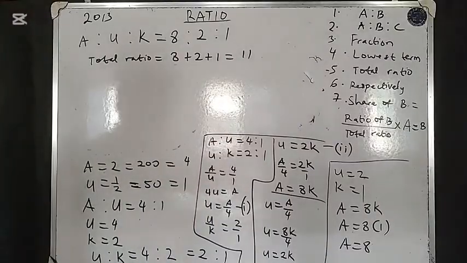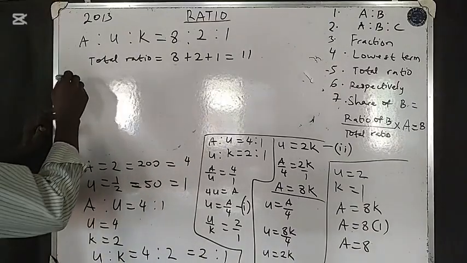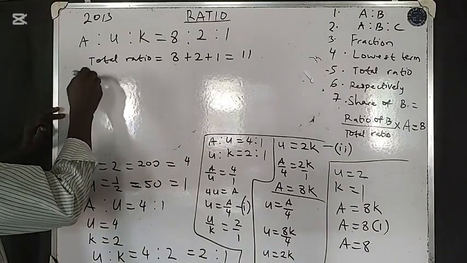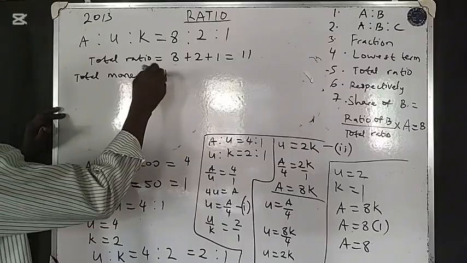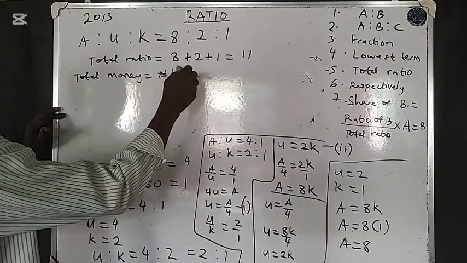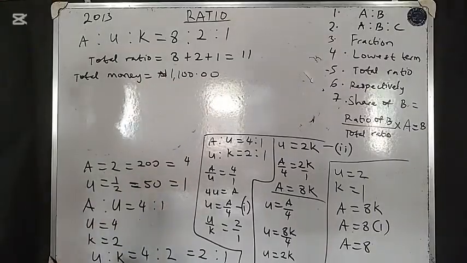So 11 is our total ratio. And we want to find Shaka's share. Total amount of money shared, we are told they shared 1,100 naira. Is it not so?